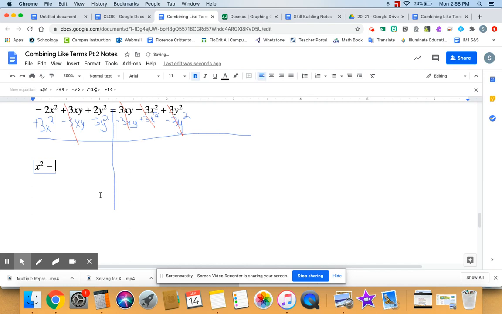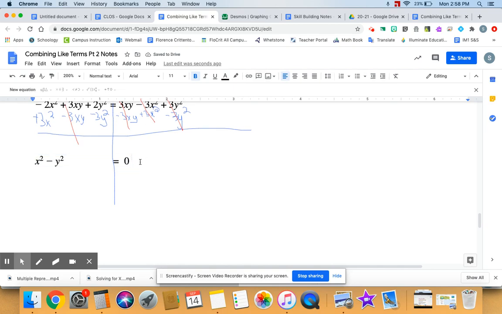I don't have any. I'm actually down 1, because 2 minus 3 is negative 1 y squared. And again, I don't have to write the 1. I could just say minus y squared if I wanted to, because it means minus 1. And then it's going to equal, on this side, there's nothing left, so it equals 0, just like I want, so this would be my final answer.